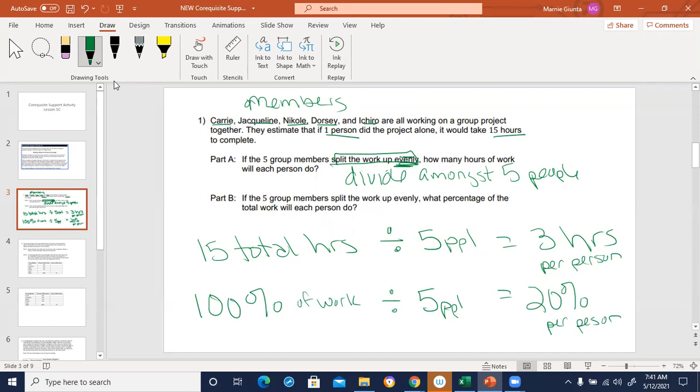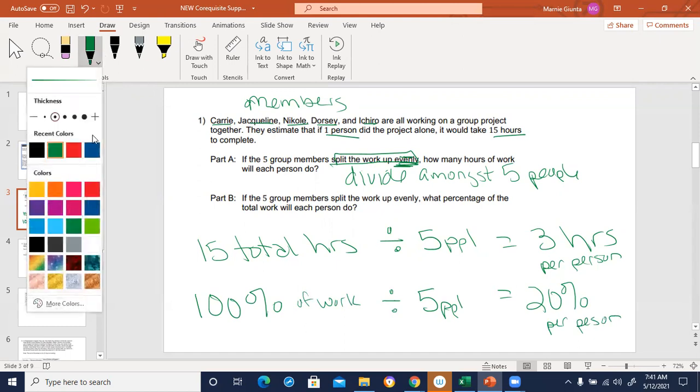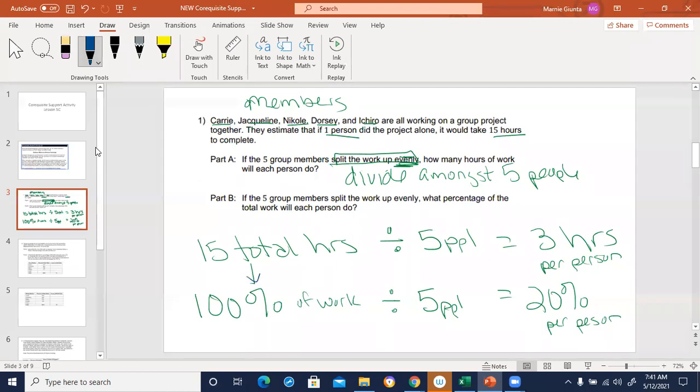So 15 hours is 100% of the work. You divide it evenly amongst the 5 group members. That equates to 3 hours of work per person, which is 20% of work per person. So this 3 hours is equivalent to 20% of the work.